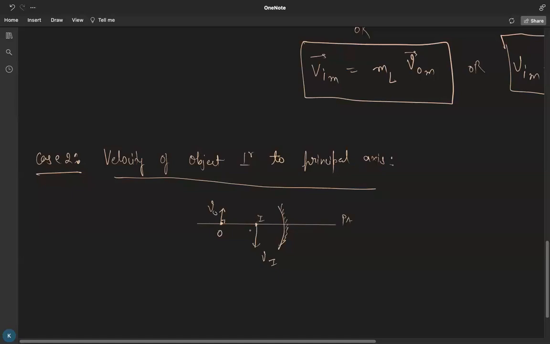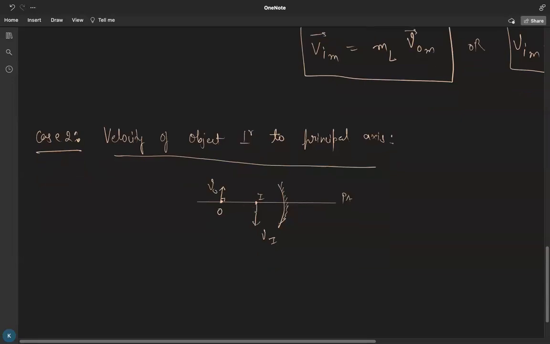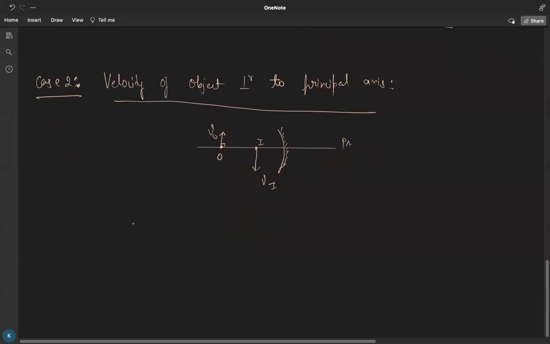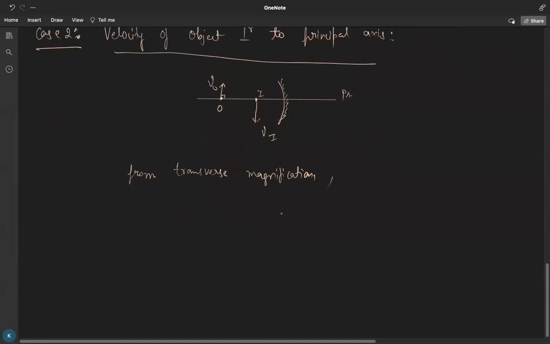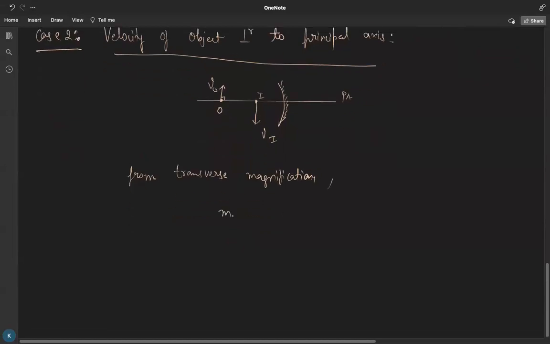Let's start. As we derived in the previous classes, for the transverse magnification we have a formula, right? Let me write it here. From transverse magnification, we have a formula which states that the transverse magnification is equal to height of image by height of object, right?